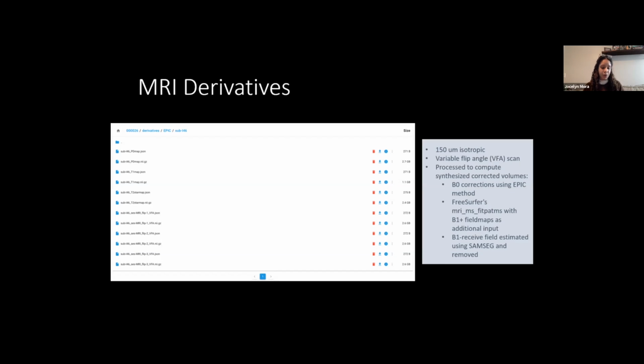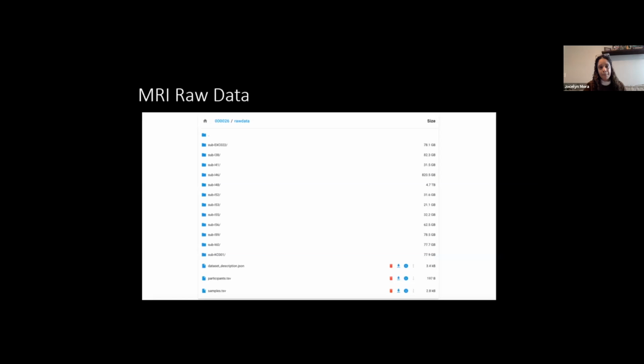And then this also uses the T1, T2 star, and PD volumes to synthesize images at the acquired flip angles. And fitting and synthesizing has the effect of removing the B1 transmit, which is the inaccurate flip angle, as well as averaging noise across flips and echoes to improve the SNR of our images.